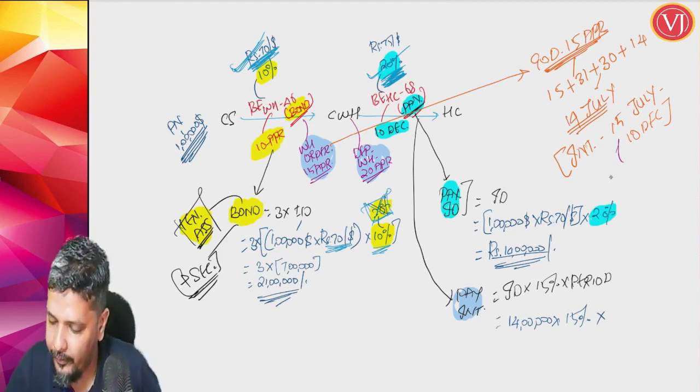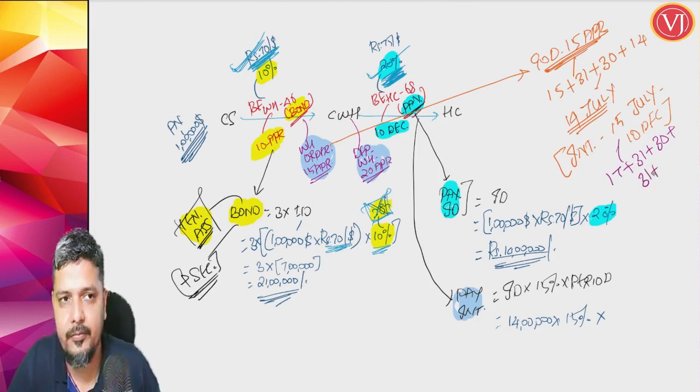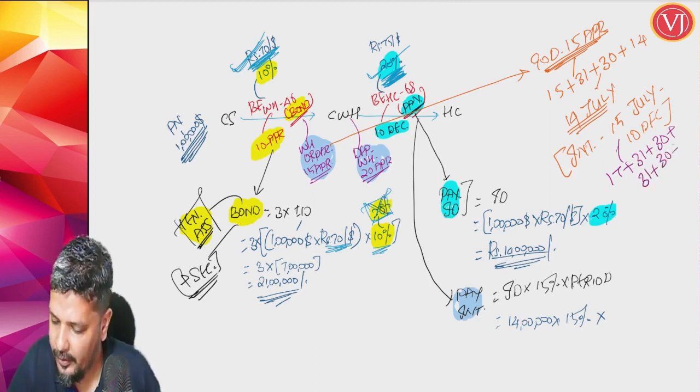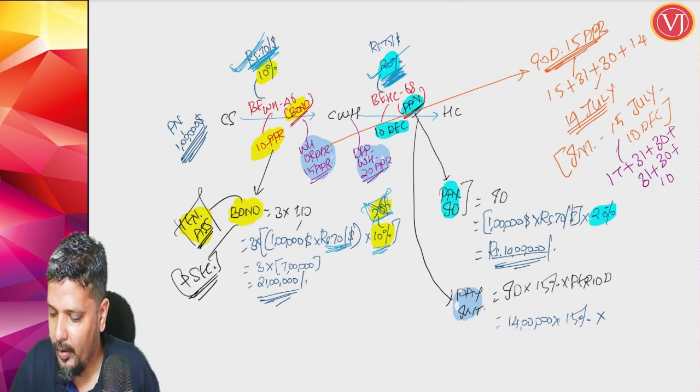So July will have 17, August 31, September 30, October 31, November 30, December 10. So 120, 130, 140, 149 days.